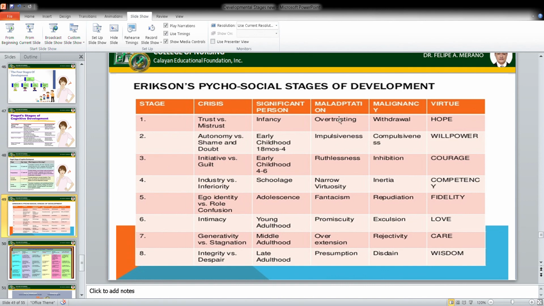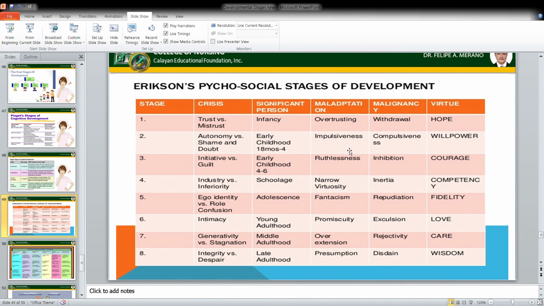So, these stages will help you analyze the different behaviors of all persons, why they are over-trusting, while some of you are impulsive. It is because autonomy was not achieved during early age. That's why some of you are impulsive buyers. They buy and buy without knowing the use of those things.